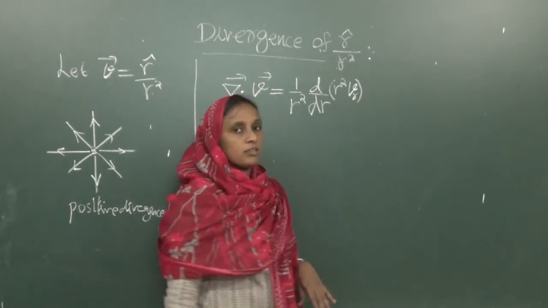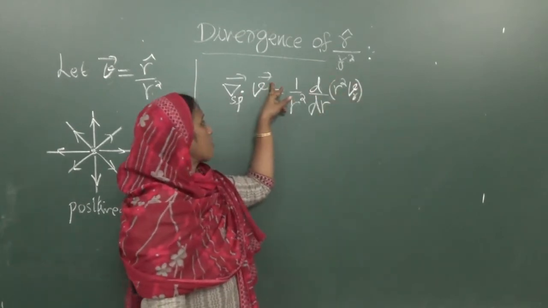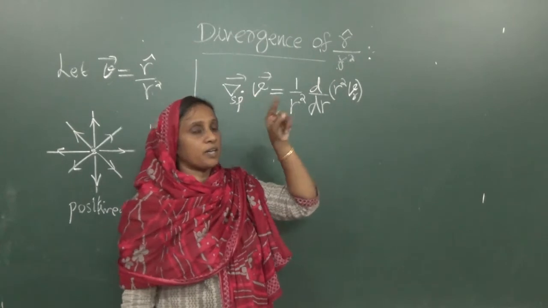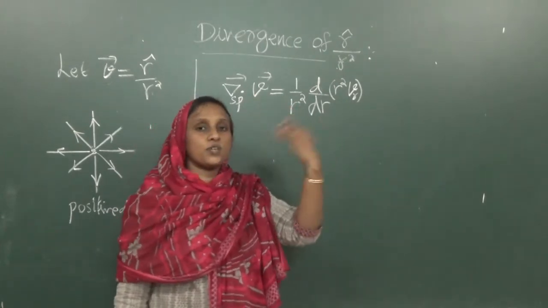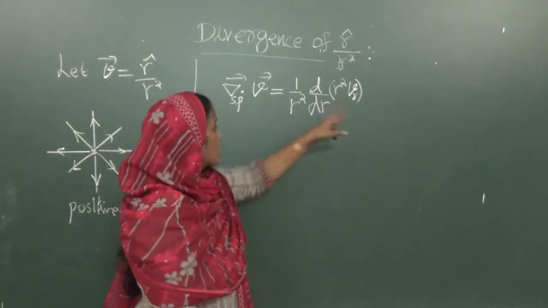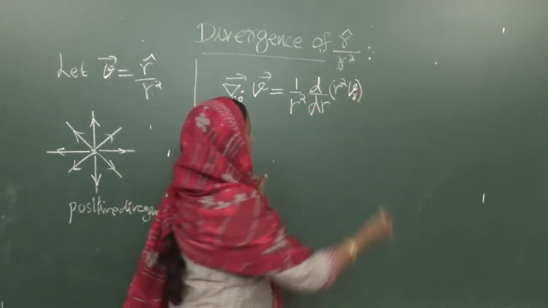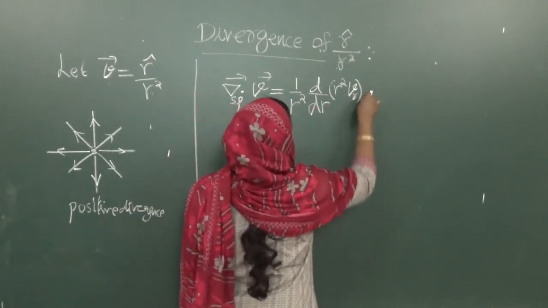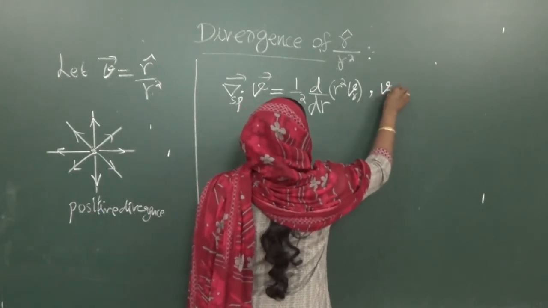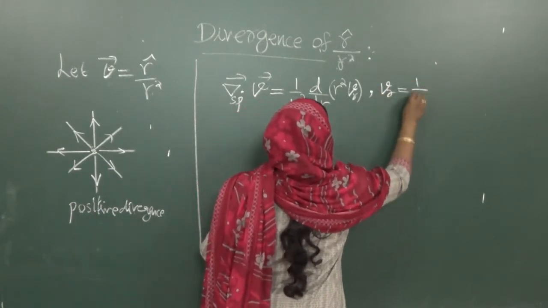Here this vector v has only r cap component, vr only. There is no v theta and v phi. Here vr equals 1 by r square.